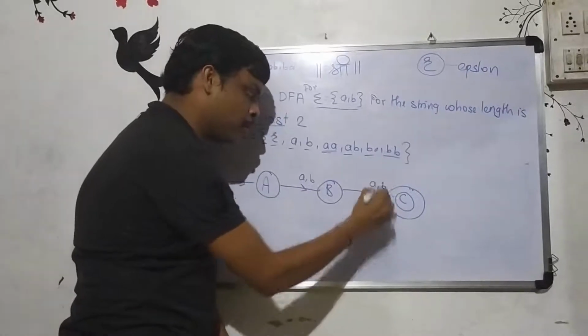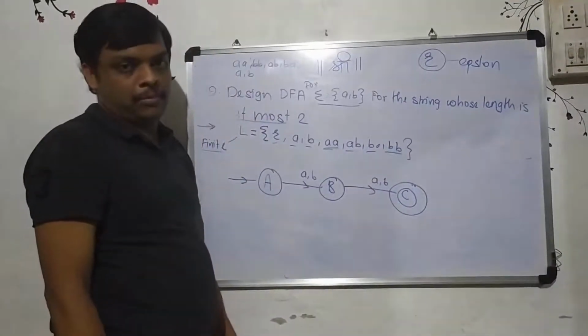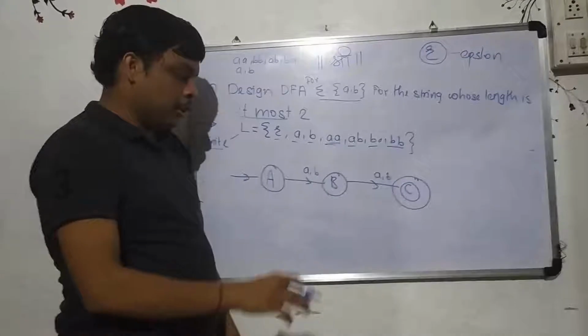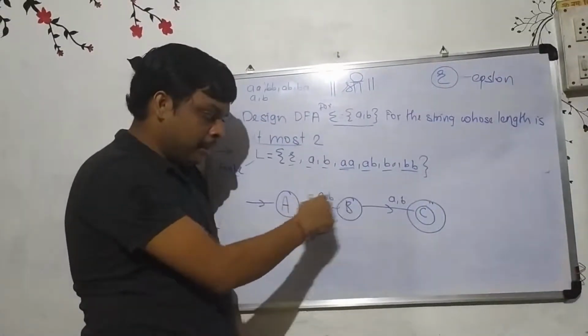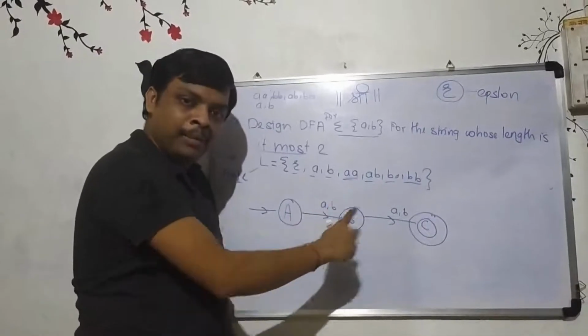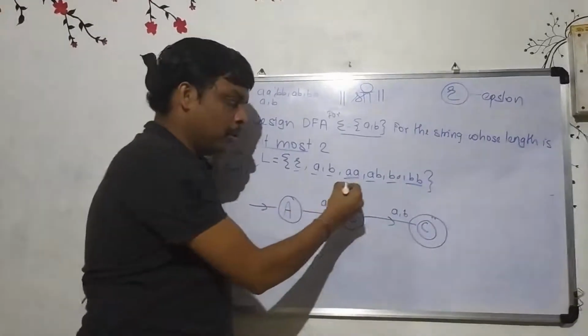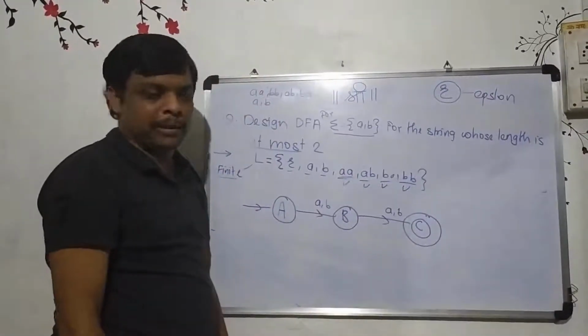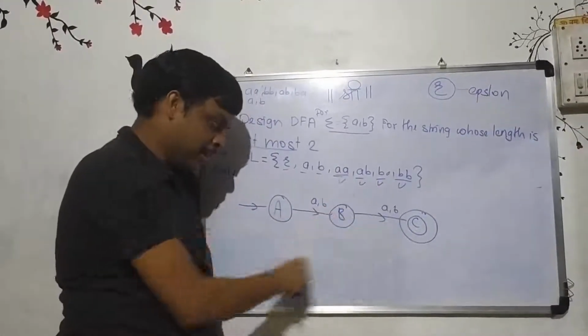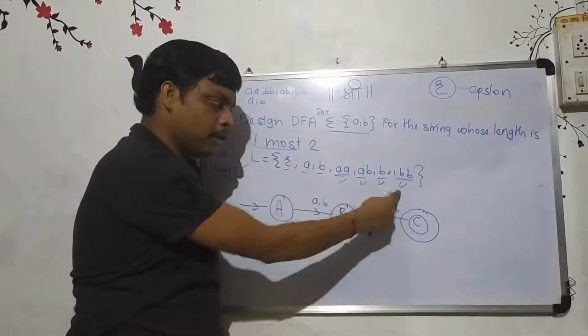Here also you have to mention A comma B. Getting this point? Up to this point, this DFA is accepting AA, AB, BA and BB. So currently this structure is accepting these 4 strings.